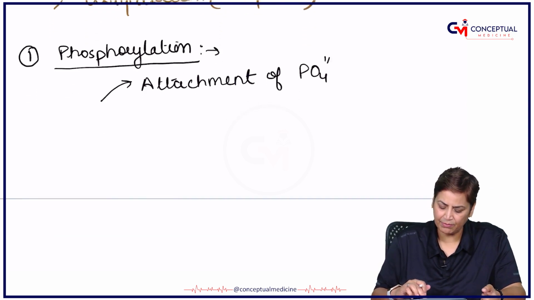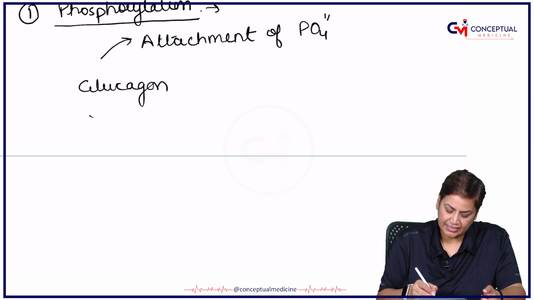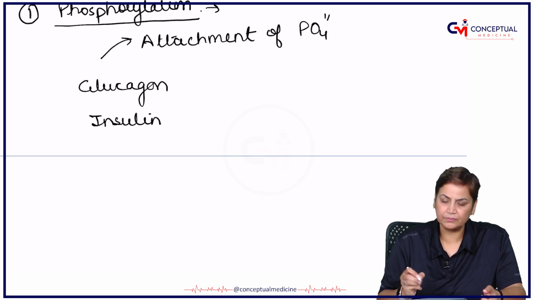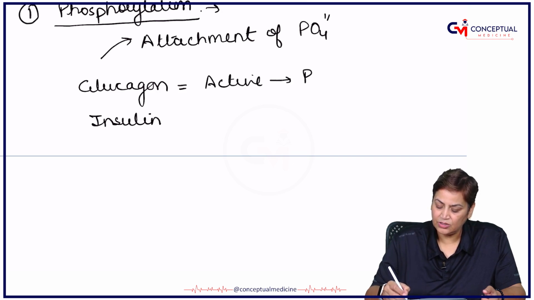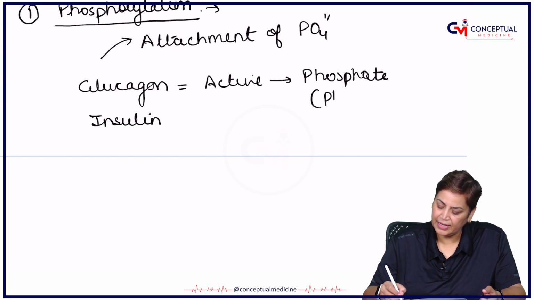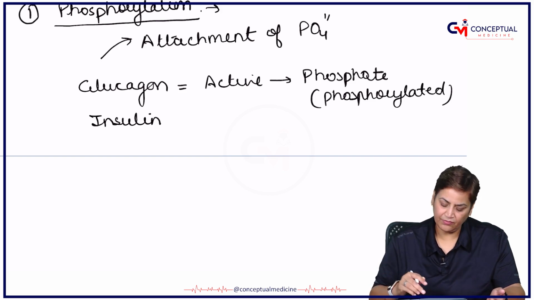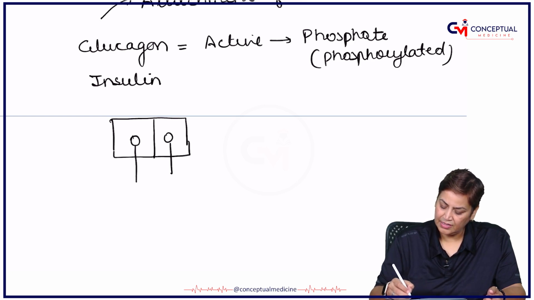Say if I quote the example of glucagon, and if I quote the example of insulin, in glucagon the active form is with phosphate. So phosphorylation will be there, and it is phosphorylated. Just for example, take a serine residue.